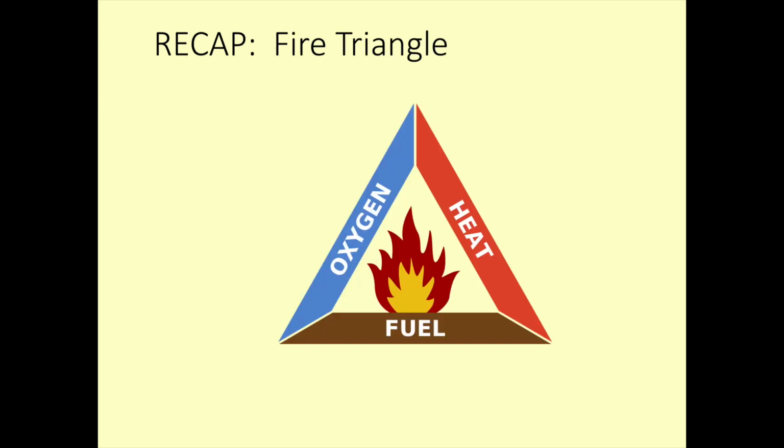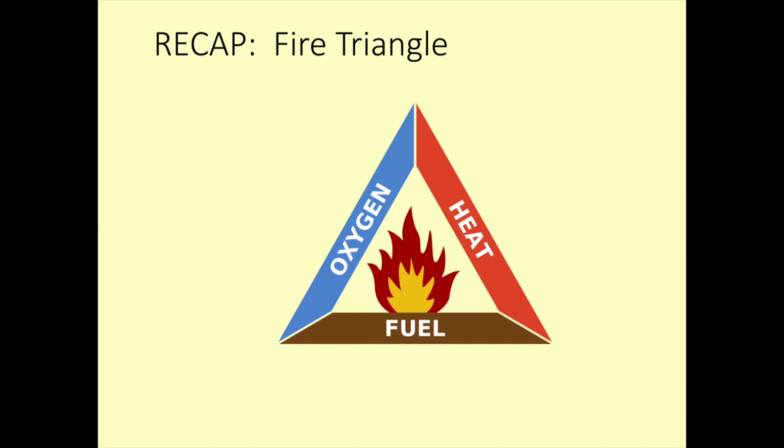Something you might have also looked at earlier on in your science careers is the fire triangle. And so these are the three things which fire needs to continue, or to start even. So it needs a fuel, it needs heat, and it needs oxygen. So a fuel can be something like the methane that we use in our Bunsen burner.